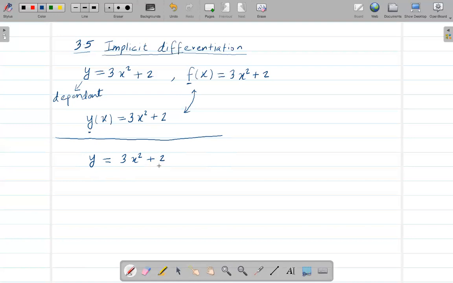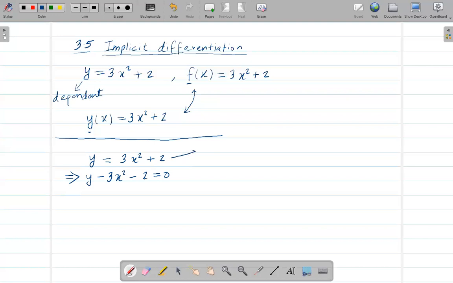I can move this whole thing to one side, so these two are the same, right? y minus 3x squared minus 2 is equal to 0, right? So basically these two are the same function.